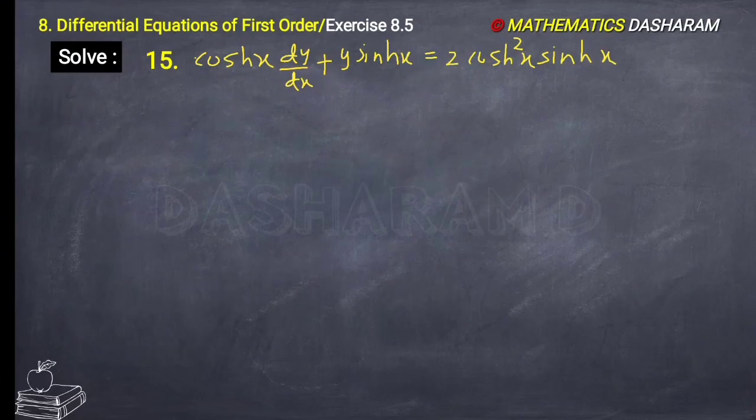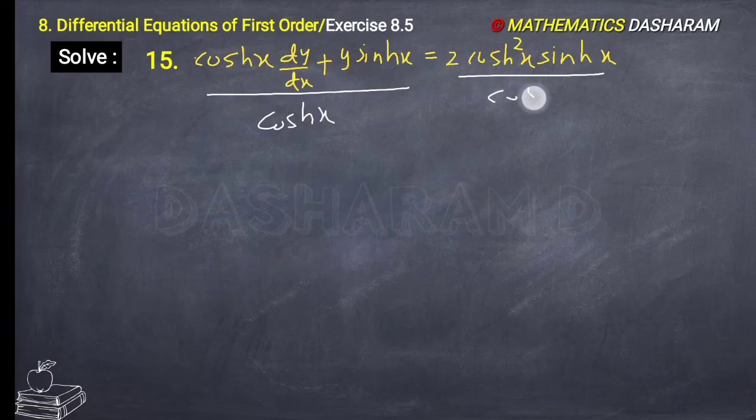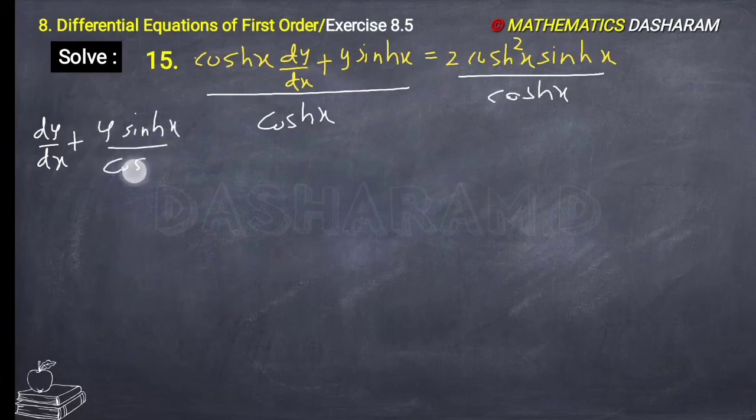15th question, cos hx dy by dx plus y into sin hx equals 2 cos h square x into sin hx. So here divide the left side with cos hx and the right side with cos hx. So then cos hx cancels, then dy by dx plus y into sin hx divided by cos hx, and here cos hx square cancels, so 2 cos hx into sin hx.